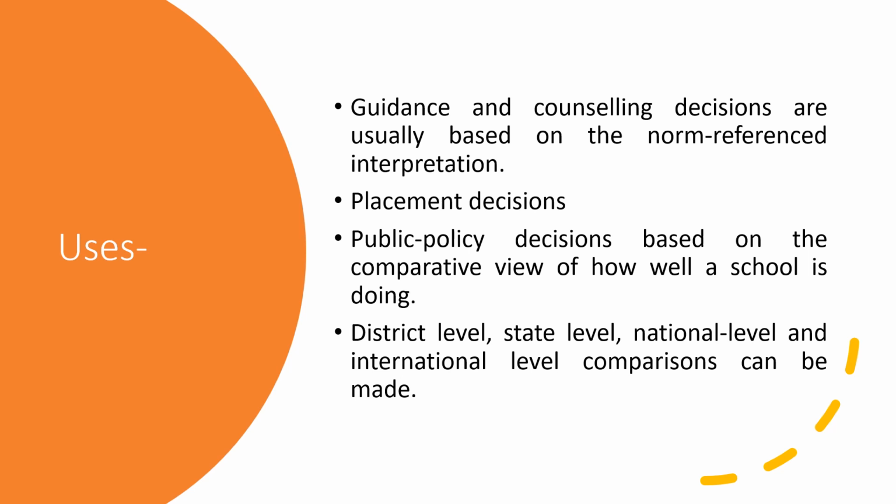These types of decisions we can take based on the norm reference interpretation, so that we can allocate the resources. We can allocate the resources based on the performance of the students of that particular district, of that particular state. So it is also very helpful in making public policy decisions.